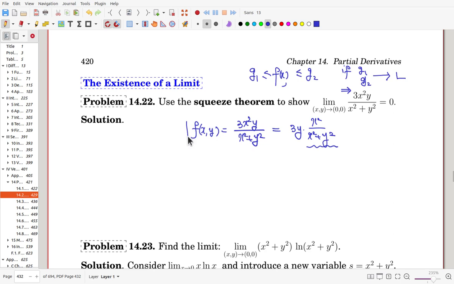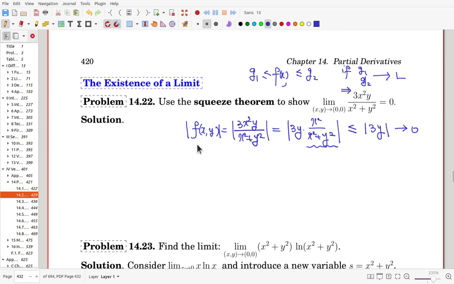So if we measure the absolute value of this function, this portion is bounded by 1, so it is bounded by 3y in modulus. Once (x, y) approaches (0, 0), that will approach 0. So f of (x, y) should approach 0 as (x, y) approaches (0, 0), right? That is the squeeze theorem.